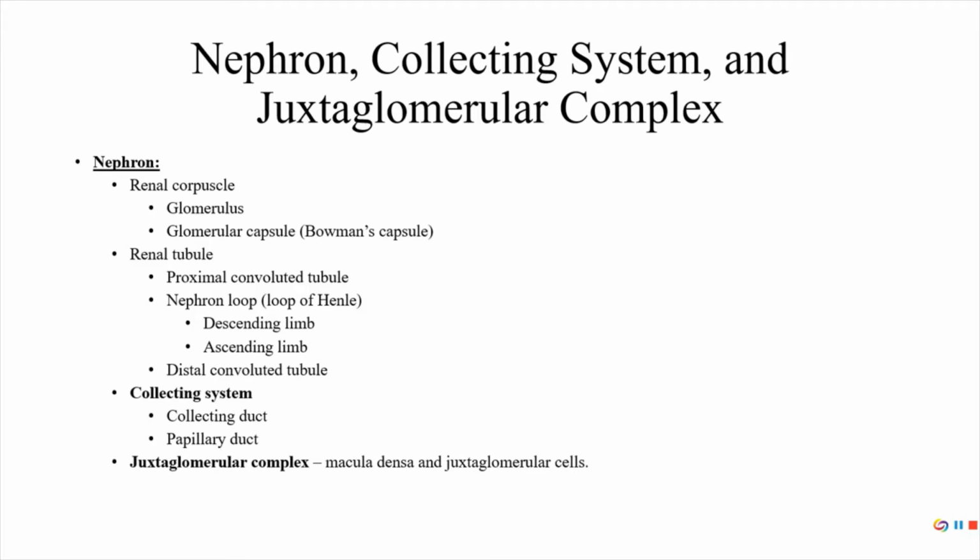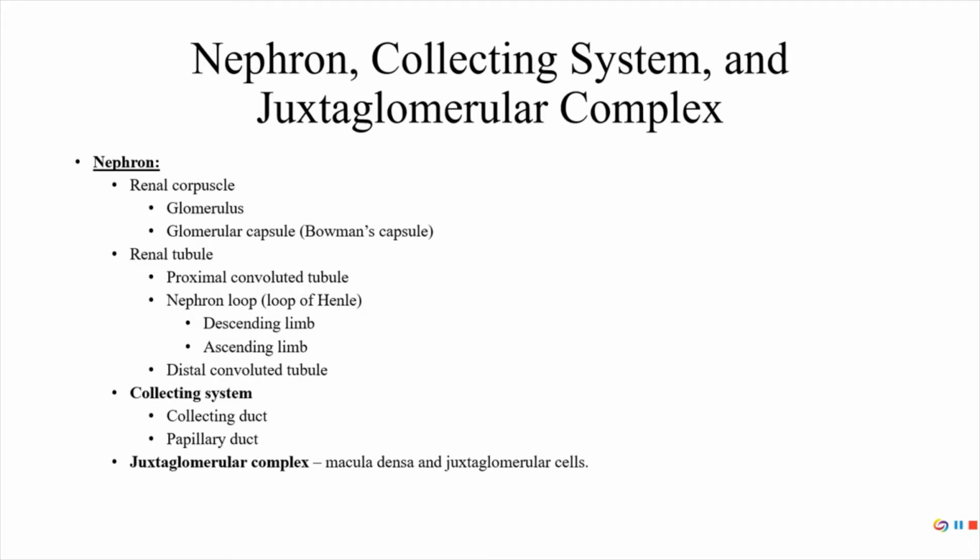Now, the nephron itself is made up of three major compositions: the renal corpuscle, the renal tubule, and the collecting system. On the side of this, we will see the juxtaglomerular complex, and we'll discuss that. Very important thing. But let's talk first about the renal corpuscle.